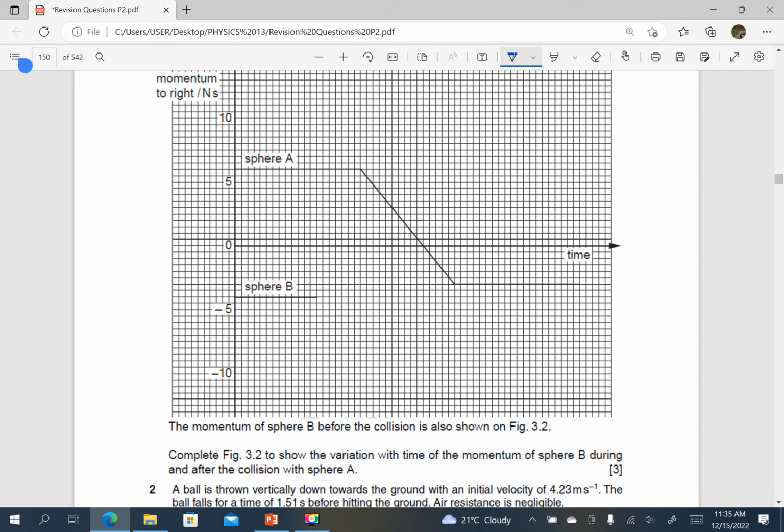You see it is incomplete, it stops somewhere here, yet this one is here. It means we have to extend this. When sphere A's momentum is still constant, sphere B should also be still constant. So we have to extend this graph up to here.